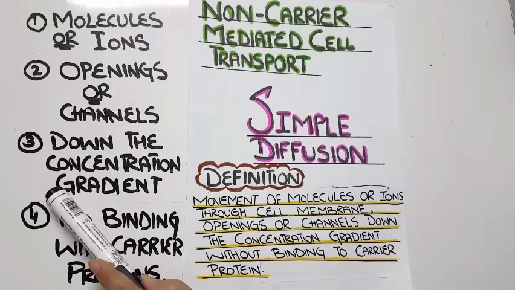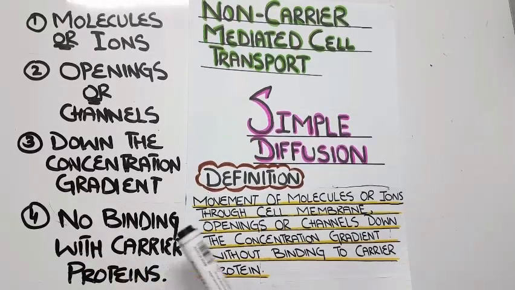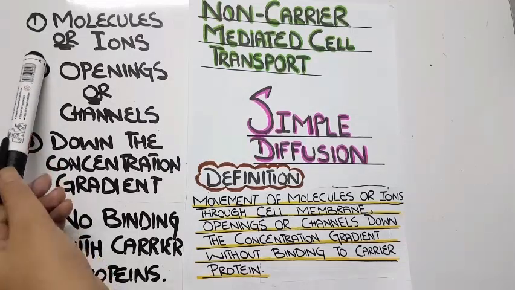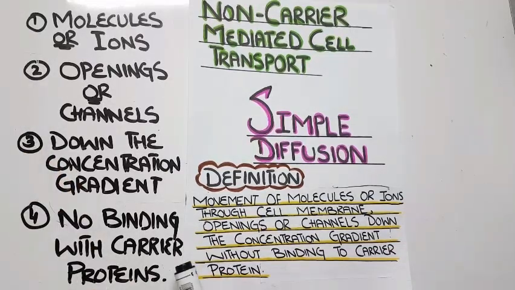Then, down the concentration gradient, and no binding of carrier protein, which means that these molecules or ions do not require a carrier protein in order to be transported across the cell membrane.